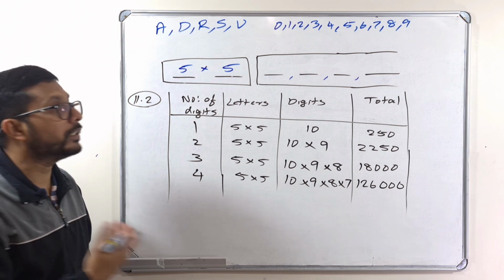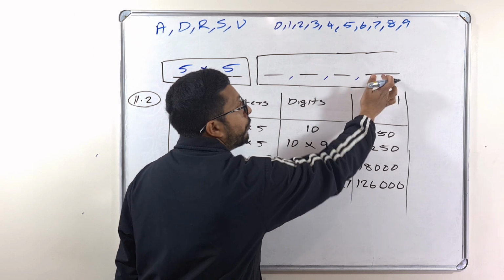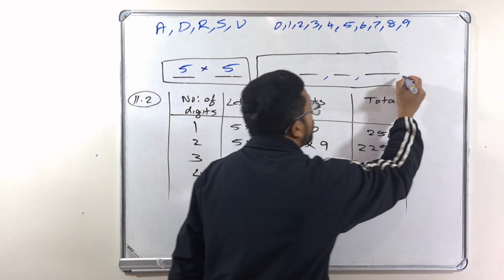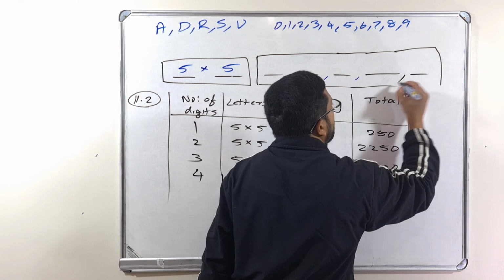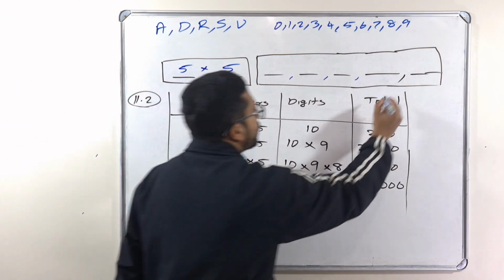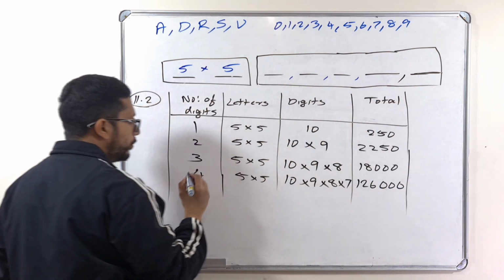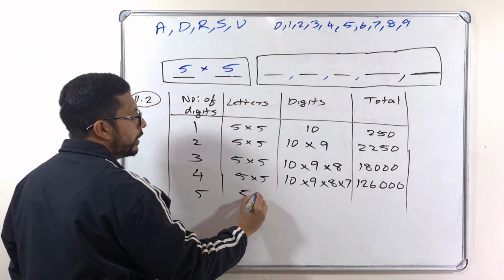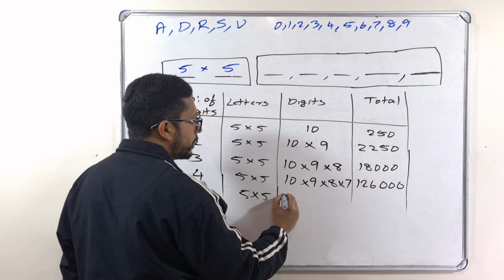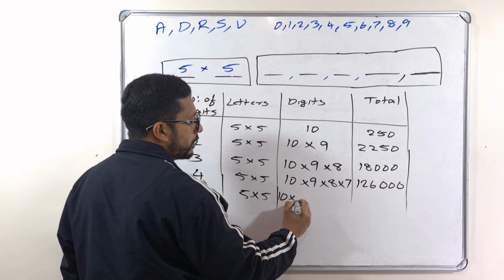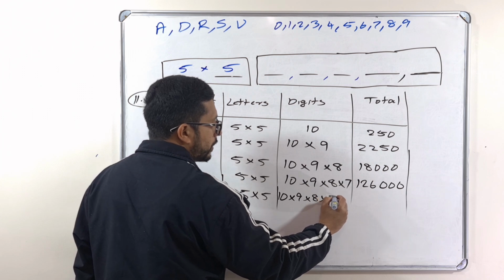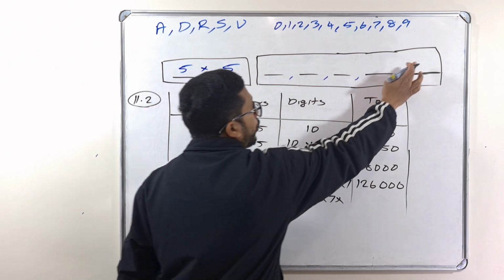How many digits are there? We included 4 digits, but we want 700,000. So I'm going to use one more digit, that means 5 digits. Letters same, 5 times 5, 25 options. Then numbers: first one 10, second 9, next 8, next 7. For the last one, how many options?